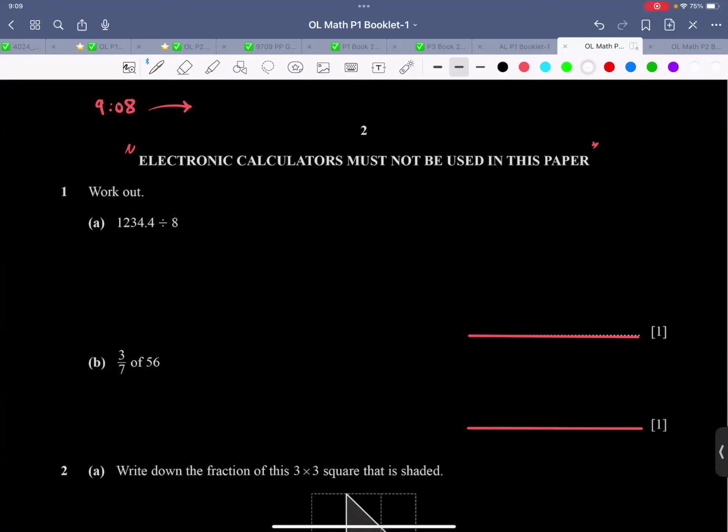Now, the first question is about 1234.4 divided by 8. So 1234.4 divided by 8, I can write this thing as 12344 divided by 80. Okay, so what we can do is let's divide by 2.